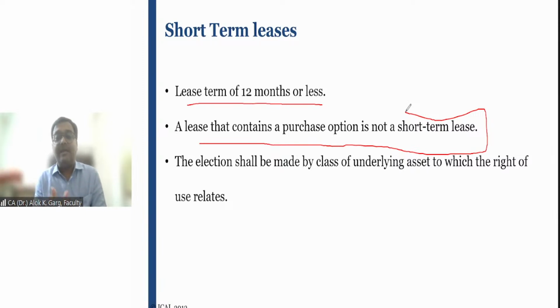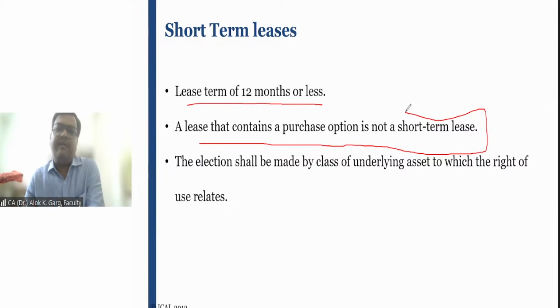It is not allowed if you cherry pick within that class. For example, in case of a car lease, if there are 5 cars, you cannot say that for 3 cars I'm availing the exemption and for 2 cars I am creating right of use asset and lease liability accounting. It is not allowed, right? Is that clear? These are the 3 things.